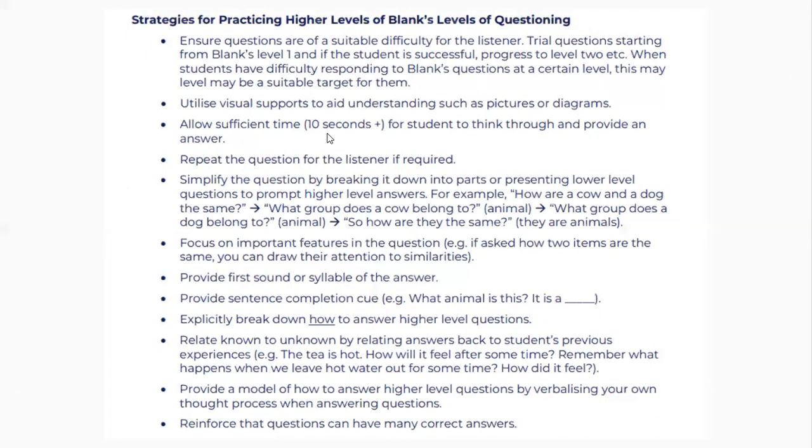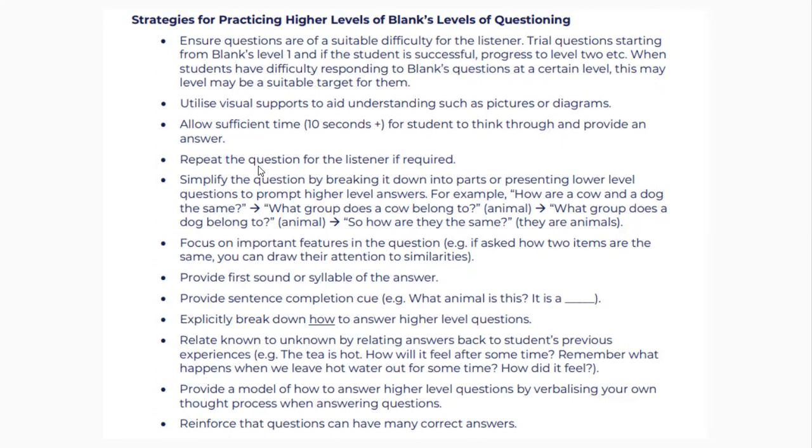We want to allow sufficient time for our students to think through and provide answers. So we want to consider this, especially when we're lesson planning. Let's make sure that we're not bombarding our students with questions, especially in a direct teaching mode, giving them time to really think out their responses, whether that's in writing, sharing it with a partner, before we are implementing it in a whole class setting.